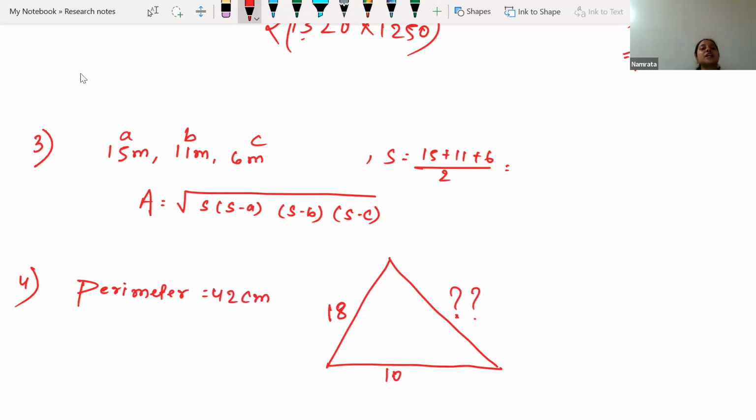I was just explaining what exactly the perimeter is, the sum of all the sides. So the perimeter is 18 plus 10 plus x centimeter, where x is the unknown side, equals 42. From here we'll get the value of x, right? Yes or no? Yes, ma'am. And once we have x in hand, we have to find the area of this triangle.